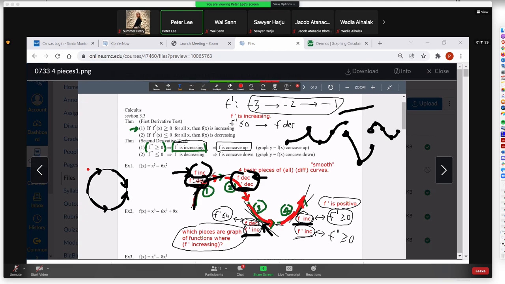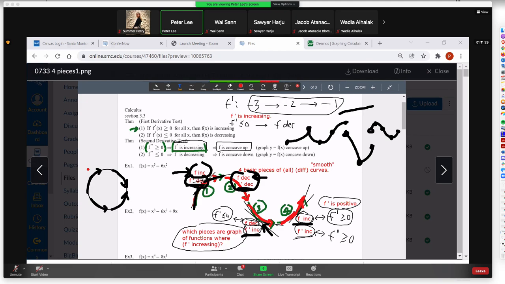The second step is to create a chart. This is the curve sketching procedure. First, find the first and second derivative.